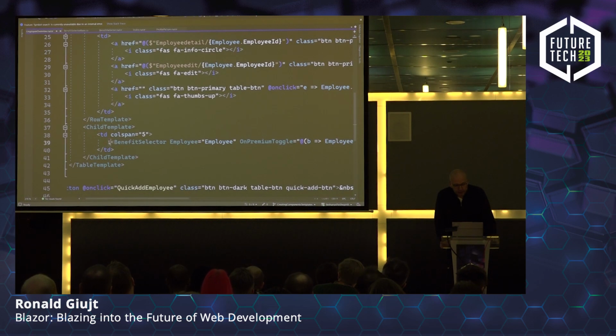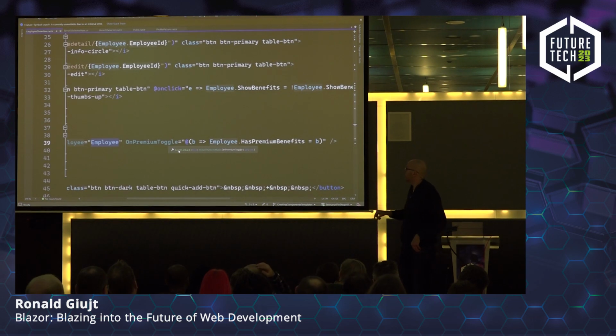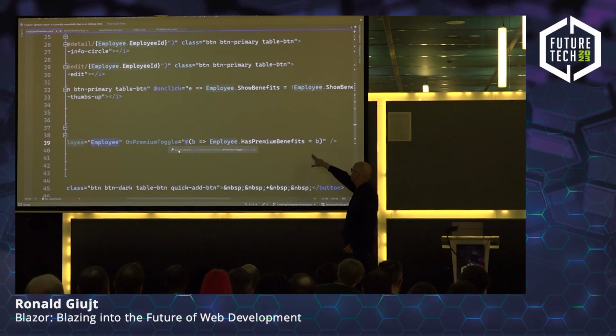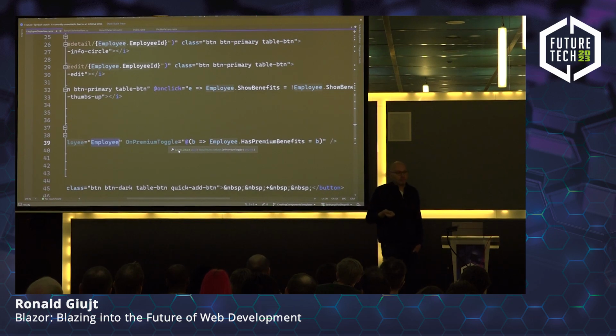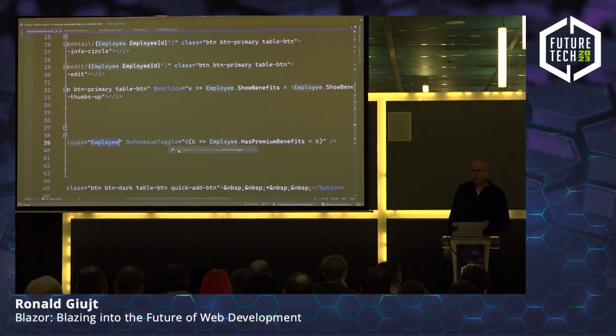And you can see benefit selector is rendered here, employee is passed in, and we say onPremiumToggle, and now the parent component that renders this component gives a method that has to be executed by the child component when something is selected. So it says employee has premium benefits is B, and B is the Boolean that was passed in. And now the parent component changes, and I can react to that fact and update the parent component as well.